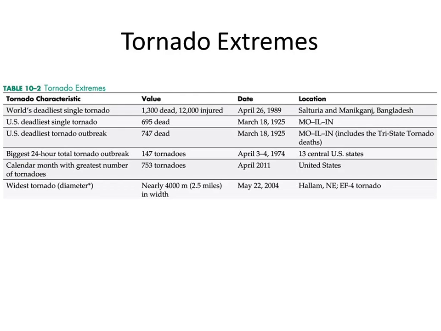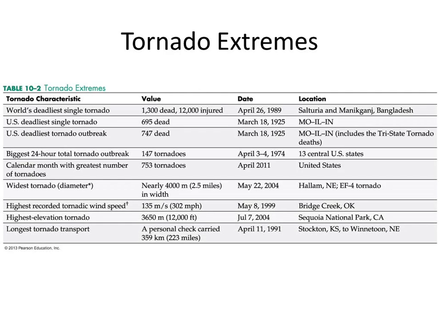Notice that was an F4. You may be used to calling them F4, F5, and the E just means Enhanced Fujita scale, so EF. The greatest recorded tornadic wind: the video we saw said 318, but this says 302 miles per hour, so that one would have superseded this one.